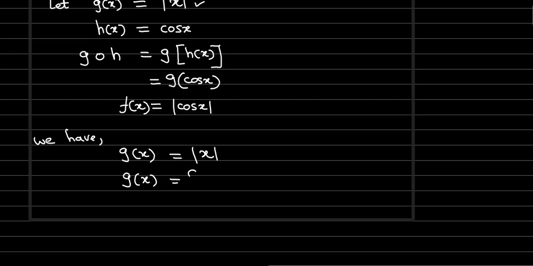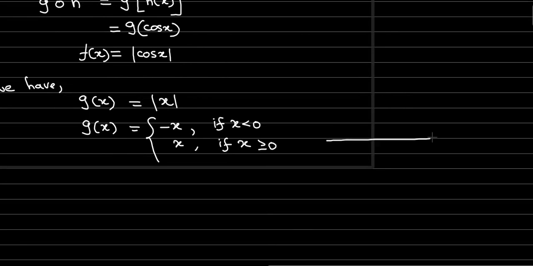So g(x) = -x if x is less than 0, and g(x) = x if x is greater than or equal to 0. Using the if condition, if we break the real line, we get one interval here, one interval here, and x equal to 0. That means to check the continuity of g(x), we have three cases throughout the real line.